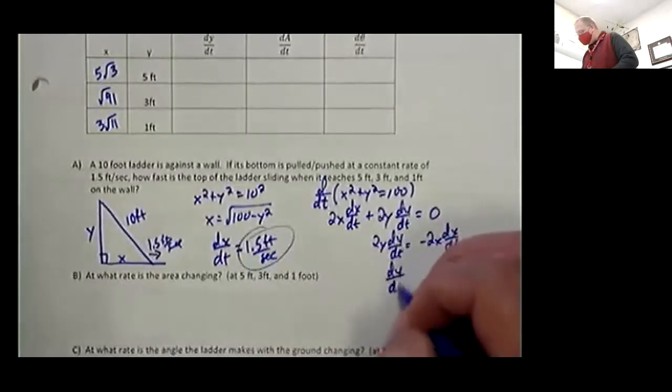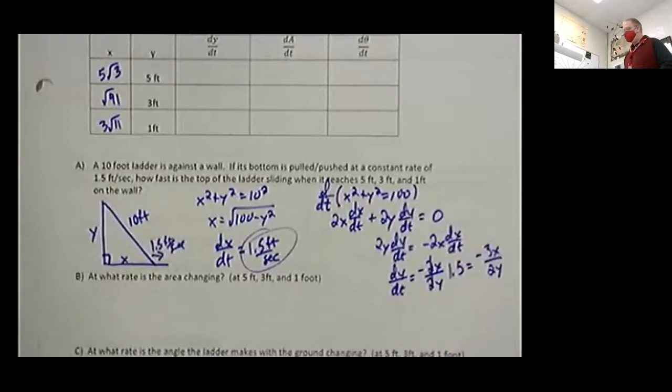So dy dt is equal to negative 2x divided by 2y times 1.5. Well, what happens to the 2's? And so we get negative 1.5 x over y. If you want to simplify that, that would be negative 3x over 2y. So there's our formula to find the slope dy dt.